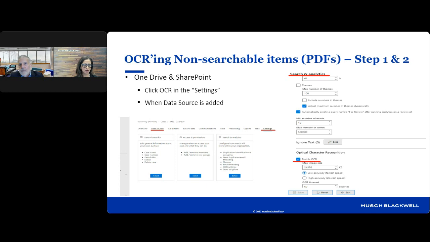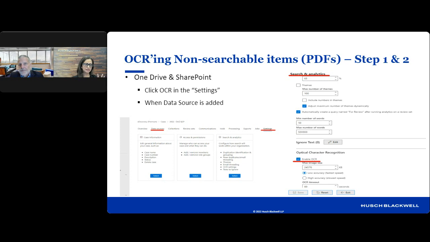You've got the OneDrive and SharePoint documents. Let's say you have a PDF in the custodian's OneDrive or in SharePoint that wasn't searchable. In order to make that searchable, when you get into Premium and you have all of these choices, there's a settings option. You need to go inside settings and enable OCR. It's really weird, I don't know why it's not set, but you need to go in and do that.